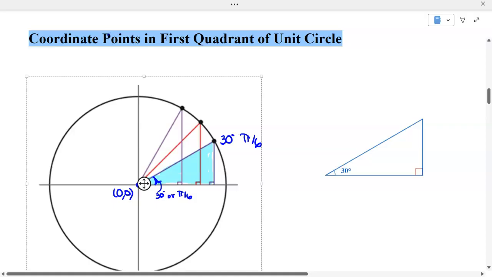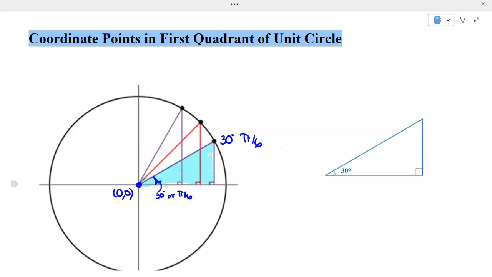Now, in the unit circle, remember we said that the radius is 1. So here that I'm highlighting in blue actually is our radius of 1. So in our triangle, that is actually the hypotenuse. So let's use our relationship that we know in the special right triangle, in a 30, 60, 90 triangle, to figure out what the other missing sides are if we know that we have a radius of 1.